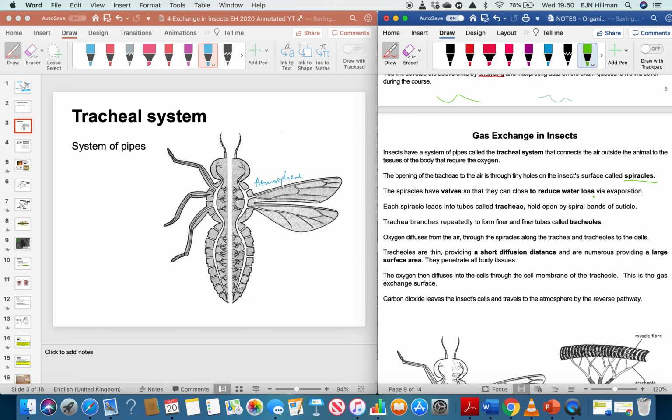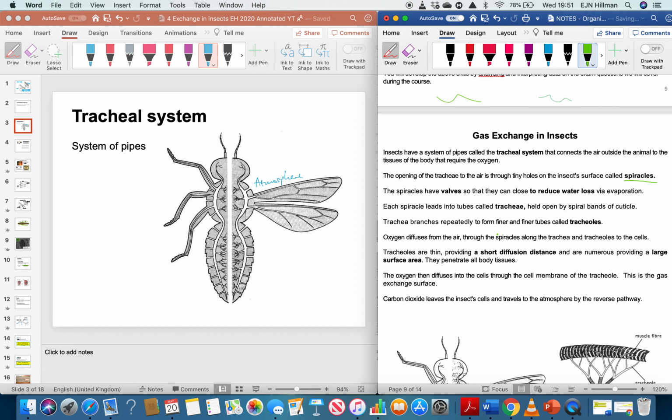Okay, so spiracles are present on the surface of the insects, and they can be opened and closed. We'll explain why they open and close later, but they open to allow gas exchange, to allow air containing a higher concentration of oxygen in, and to move air containing a higher concentration of carbon dioxide out.